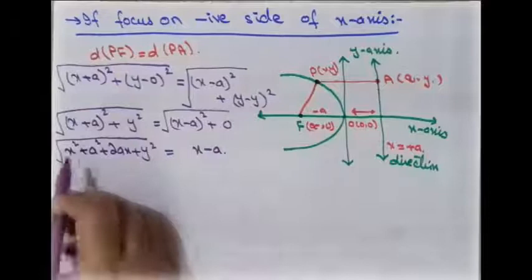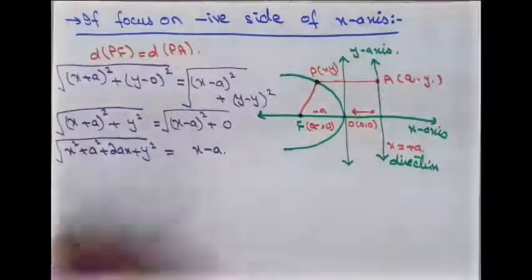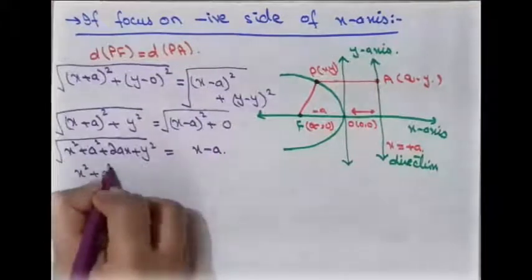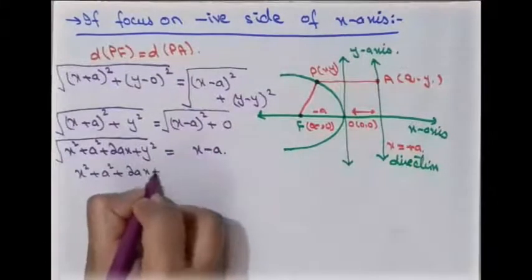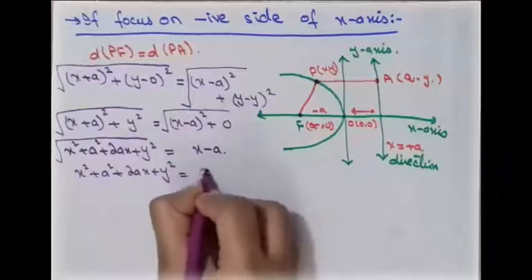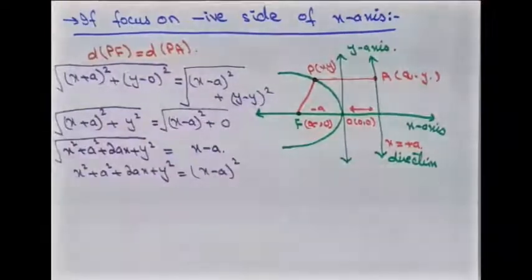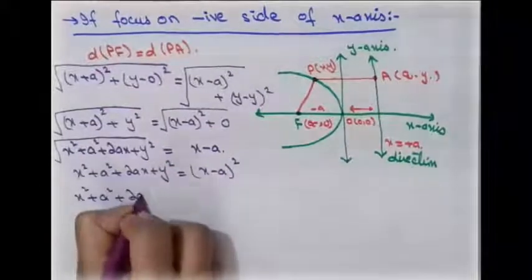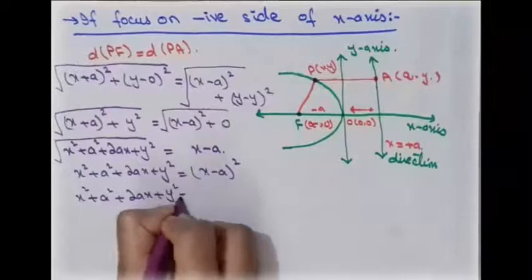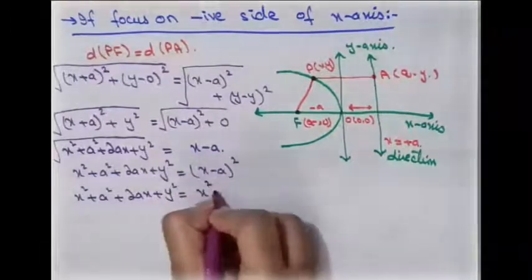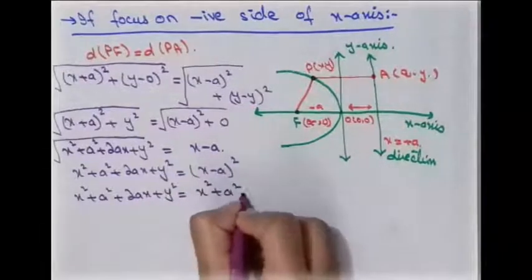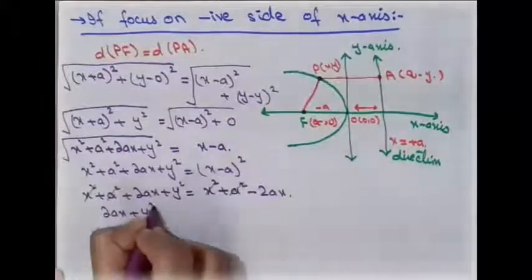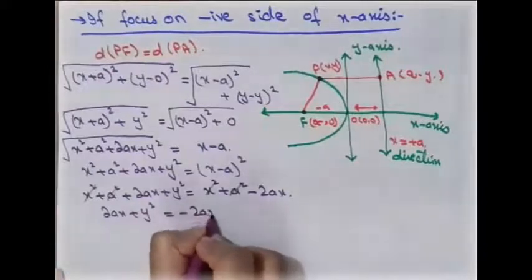Now to get rid of this radical sign, we take a square on both sides. Taking the square, the radical sign is removed and these are the remaining terms, and here is x minus a square. If I again open the square and rewrite the terms similarly, it will be x square plus a square minus 2ax plus y square, which equals minus 2ax.